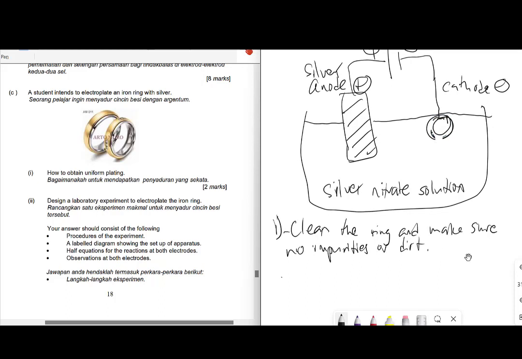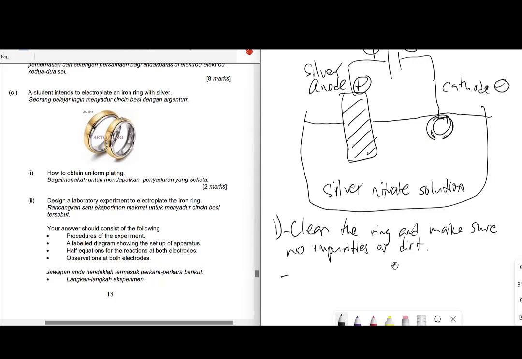The second step, after you have cleaned the ring free from impurity and dirt, during this electroplating process, make sure the ring is fully immersed in the solution, and on and off you have to rotate the ring. Don't just leave it there for a few hours. So on and off you rotate the ring.